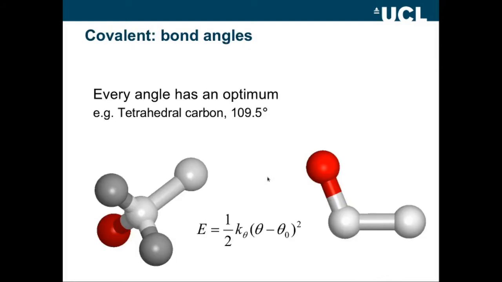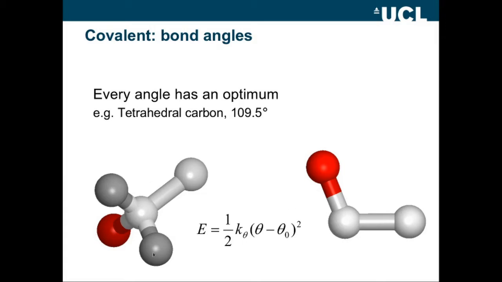So, given that every angle has an optimal value, such as the tetrahedral carbon being 109.5 as we just saw, then we can think of that angle as a spring in just the same way that we did for the bond length. So here I have an sp3 hybridized carbon with 4 groups attached to it, and on the right I've just shown it rotated.